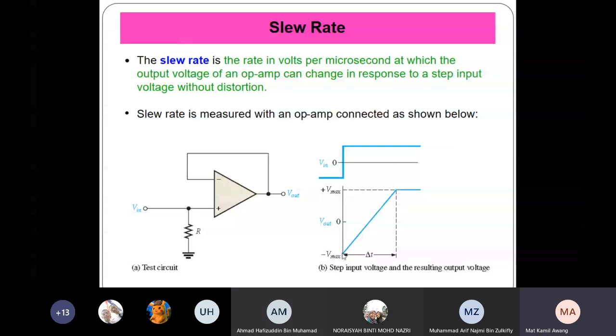The output goes from minus Vmax to plus Vmax. So the slew rate measures how fast this signal can rise to plus Vmax: the voltage difference divided by the time taken, so plus Vmax minus minus Vmax divided by delta T. That is the slew rate.